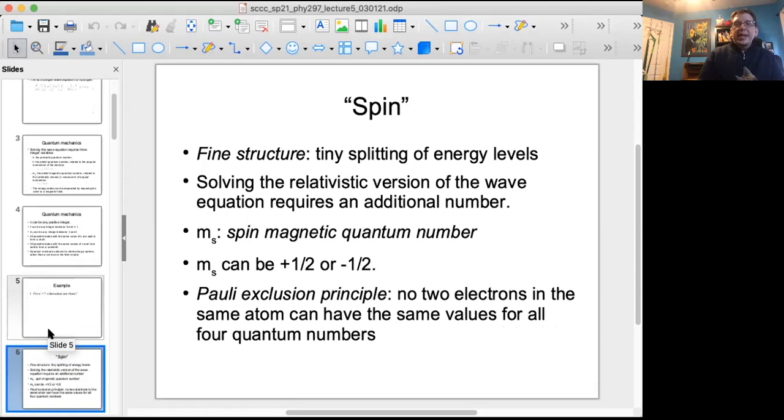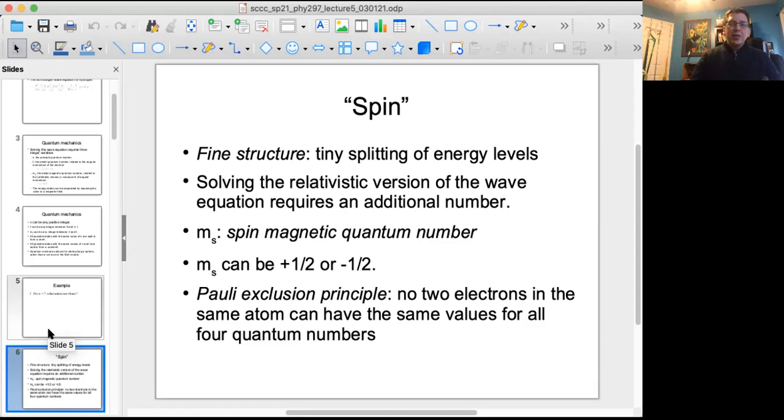So then we get to what's called spin. In order to see the difference between the energy levels that correspond to what's called spin, the electron needs to be moving at relativistic speeds.